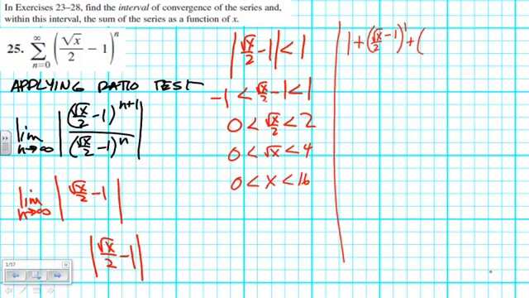And then when n is 2, what do we get next? Okay, r is root x over 2 minus 1. a is 1. r is square root of x over 2 minus 1, which means the sum of that infinite series is 1 over 1 minus quantity root x over 2 minus 1.